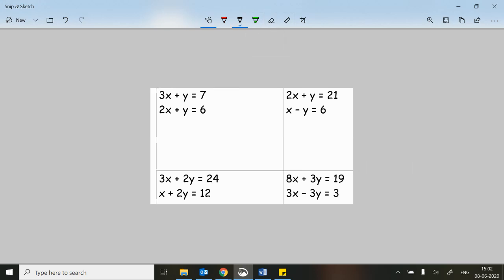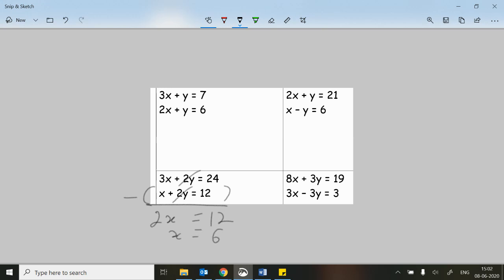Now I'm going to do the same process for the others. Actually, let's do the one underneath. We do this one here. In this case, I can see that the y's are the same and they have the same sign in front as well. So I'm going to take the smaller numbers away from the bigger ones. So x away from 3x is 2x, y away from y cancels, and 12 away from 24 is 12. So x is equal to 6.